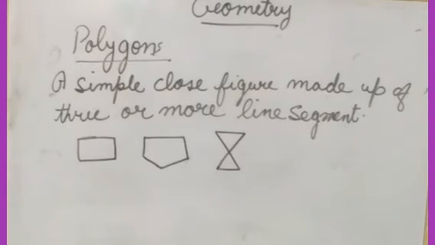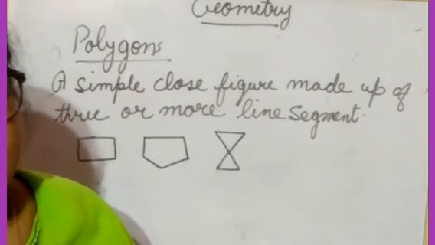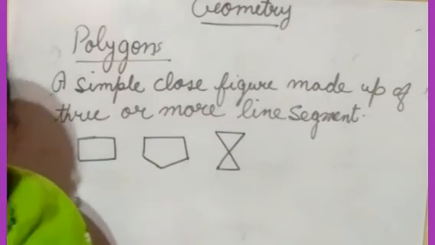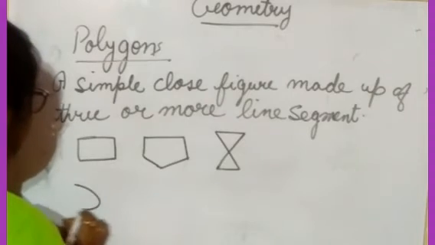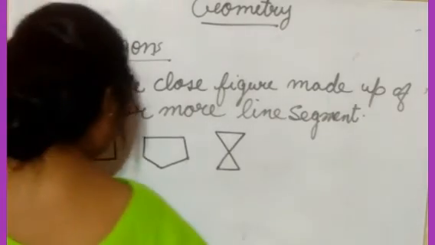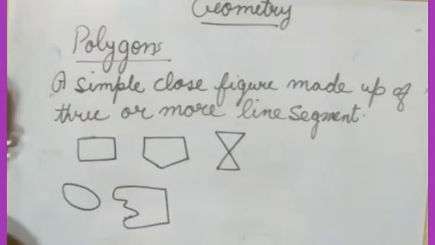Does that mean a circle is a polygon? No, a circle is not a polygon because there are no line segments. A figure with a curved line, like this figure, is not a polygon. Is a figure like this one a polygon?